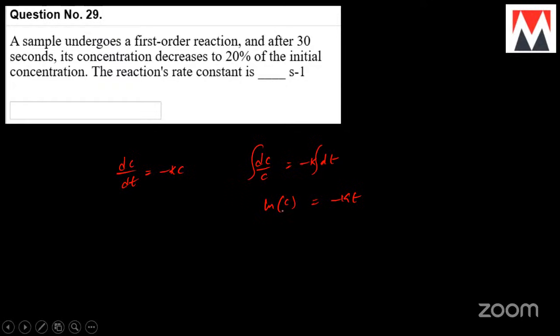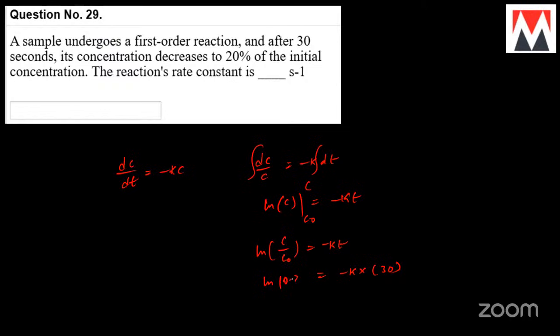You can put the limits from C naught to C. It will be ln C by C naught equal to minus Kt, where t is the time difference. After 30 seconds, it is minus K into 30, and the concentration decreases to 20% of the initial concentration, so this is ln 0.2.